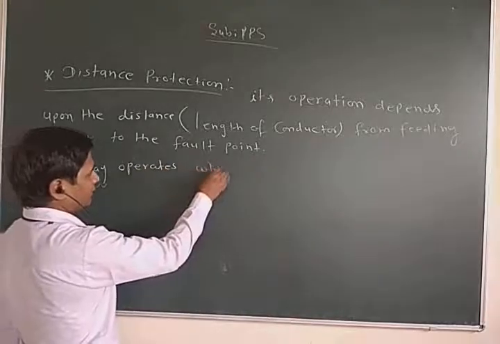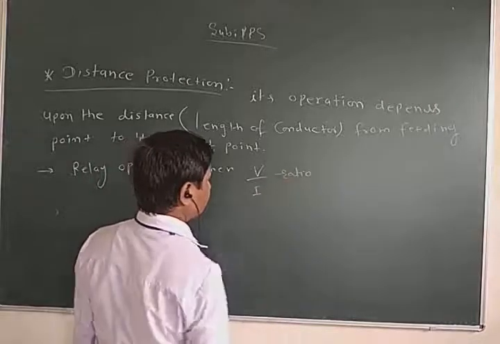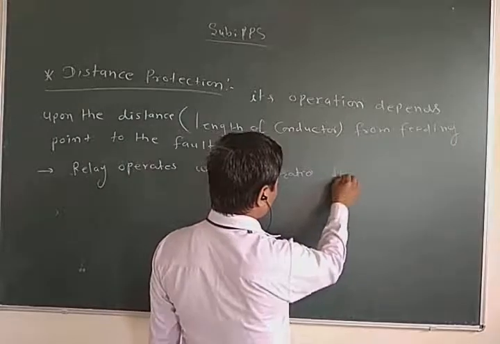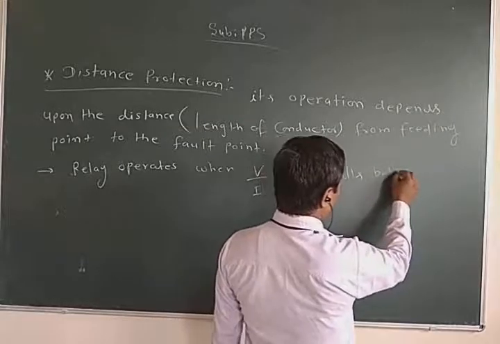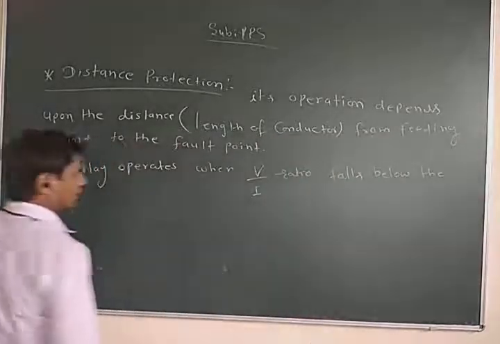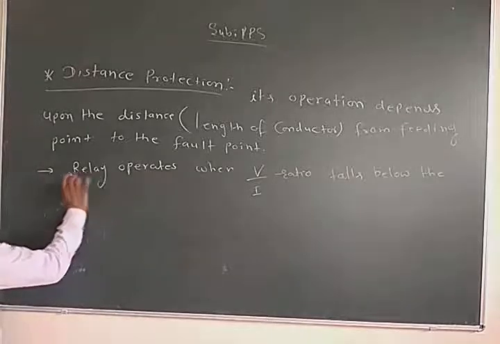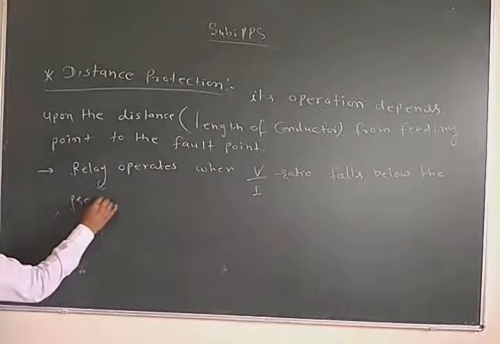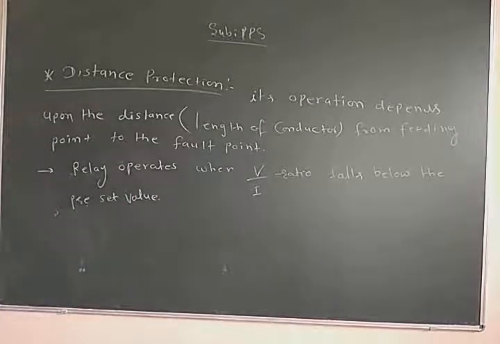So the relay operates when the V upon I ratio falls below the impedance of the conductor, the preset value or distance in the relay.